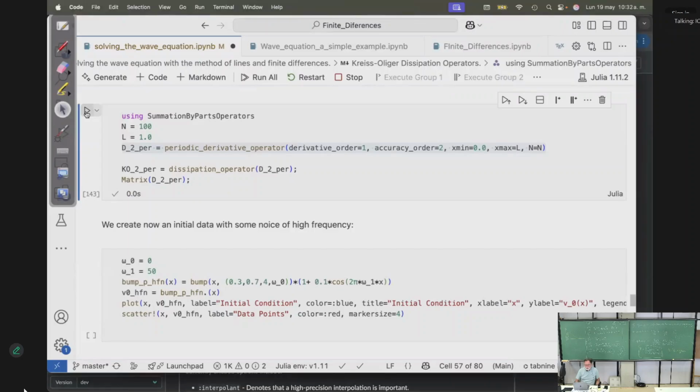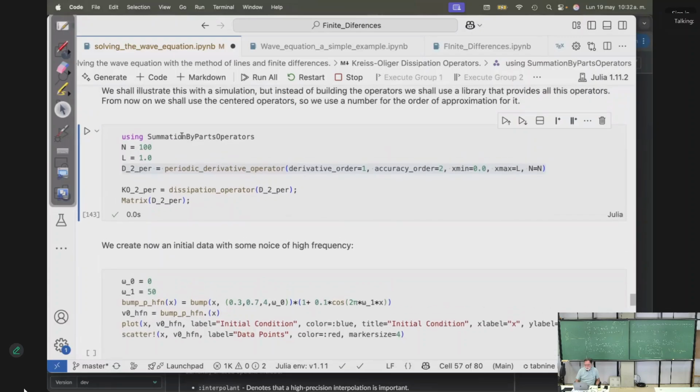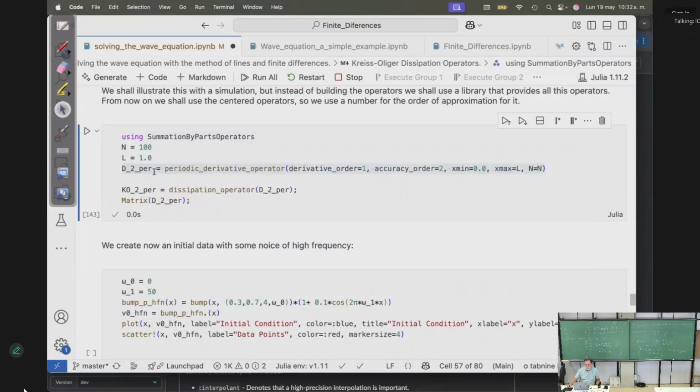So now we are going to try it, and we are going to use this other library which is called summation by parts operators, and that has all these finite differences you can dream of.